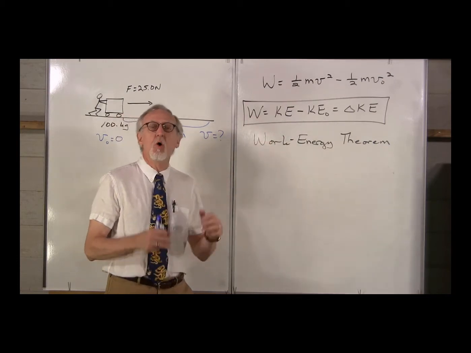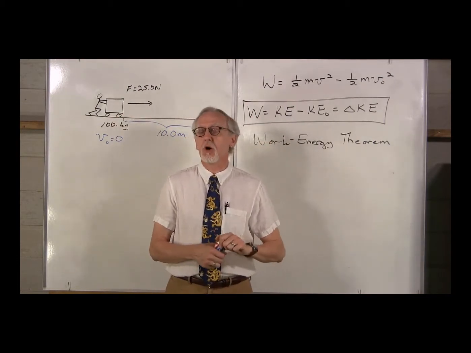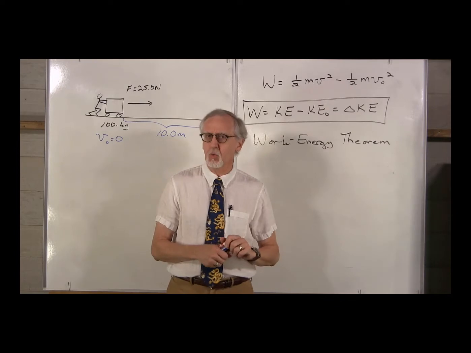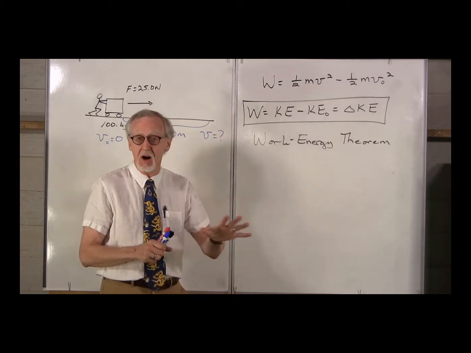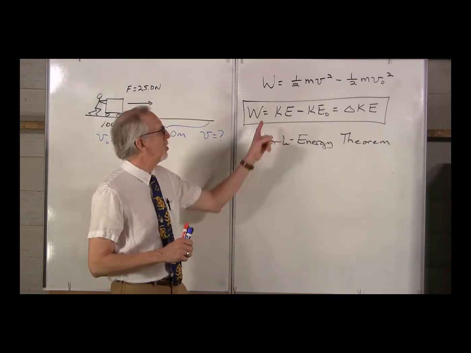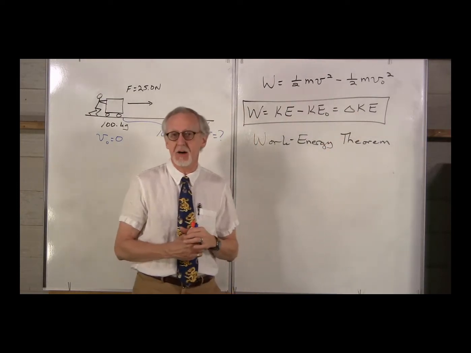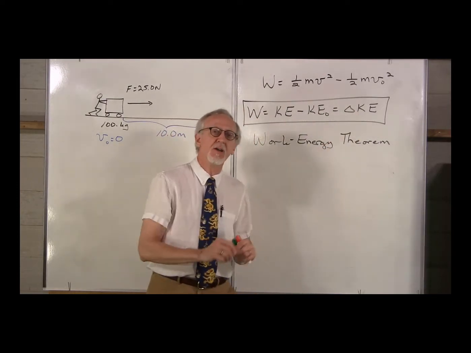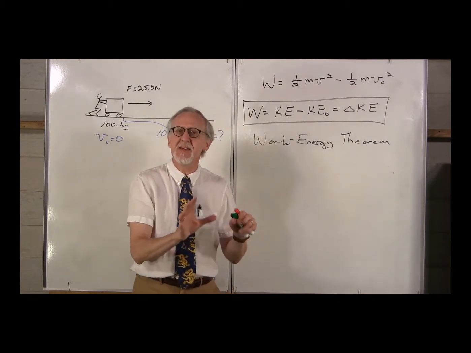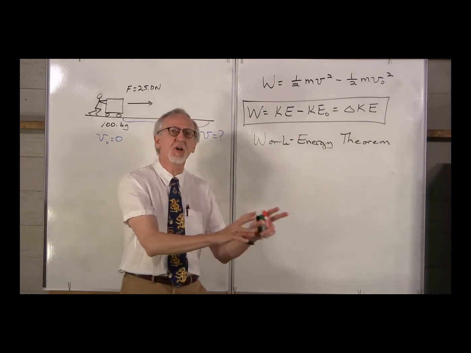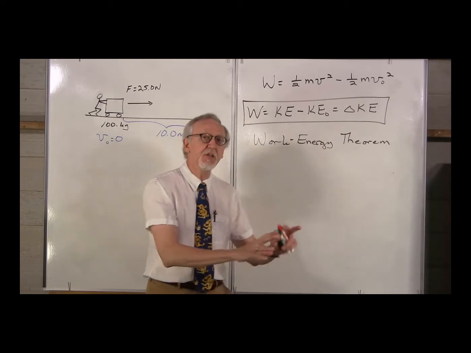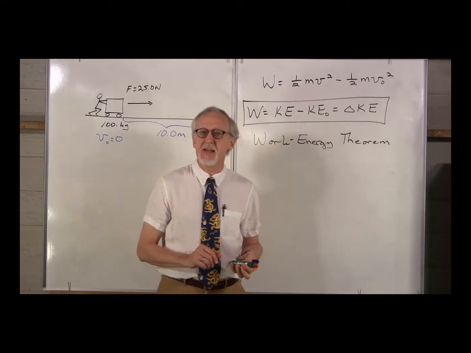When an object has net work, total work done on it, that work goes into changing the kinetic energy of the object. Doing work on an object, and I mean the net work done, goes into changing that object's kinetic energy.